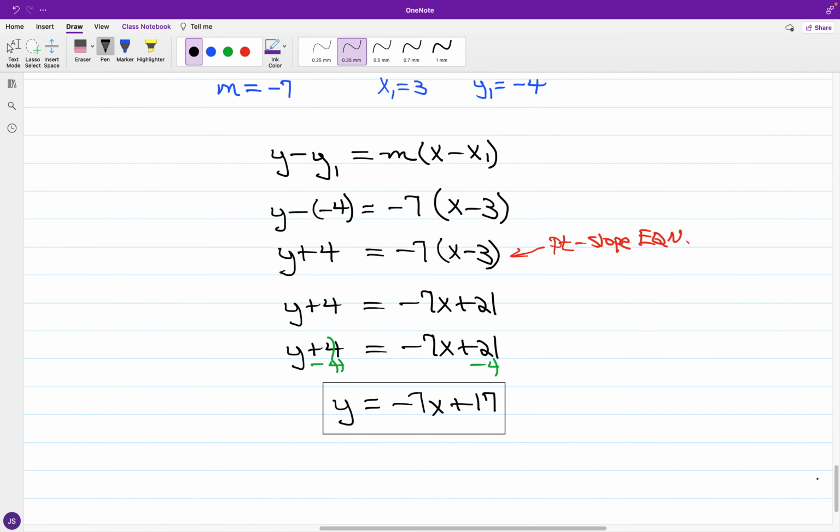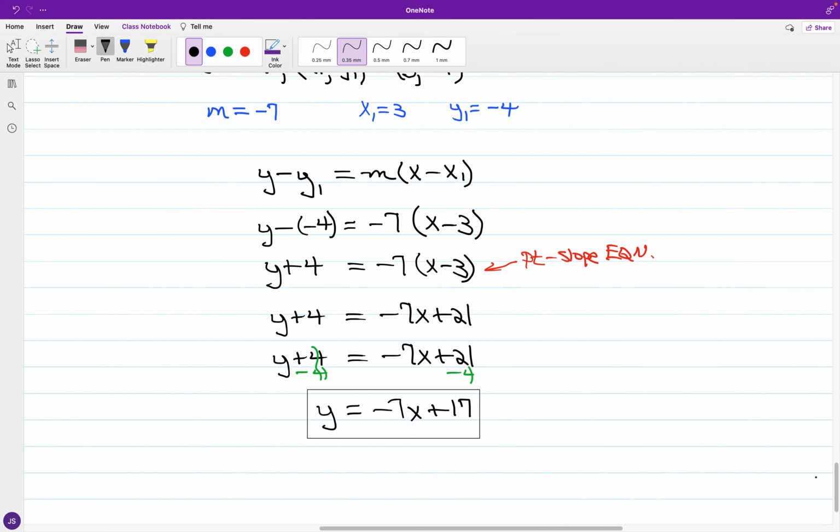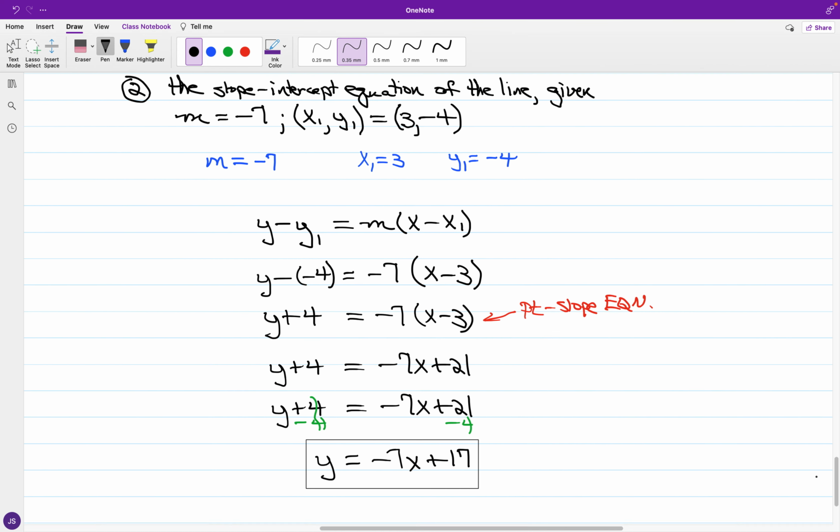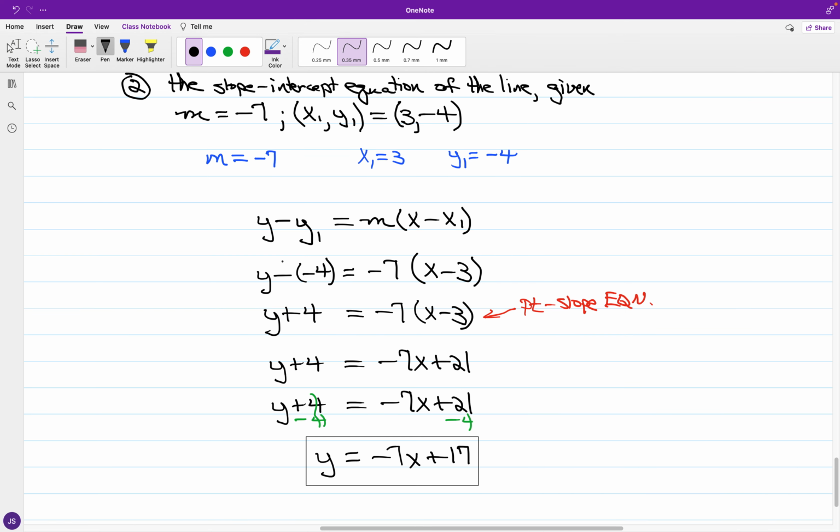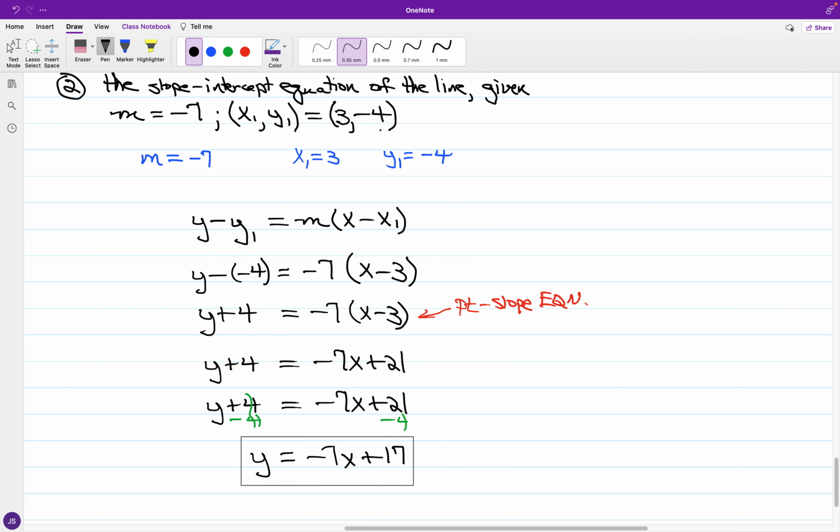And even without graphing, you can just check the consistency. We still have the slope at -7, and we want to see if x1, y1 is a point on the graph represented by y is equal to -7x plus 17. Working with 3 and -4, we have -4 in place of y.